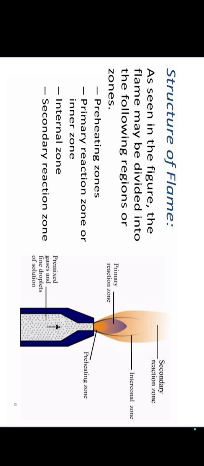In the structure of the flame, there are major zones. First is the preheating zone, second the primary reaction zone, also known as the inner zone, third the interconal zone, and fourth the secondary reaction zone. In the preheating zone, the combustion mixture is heated to the ignition temperature by thermal conduction from the primary reaction zone.